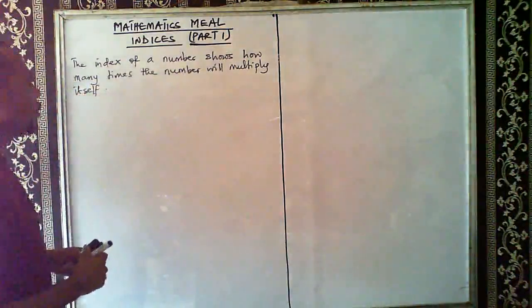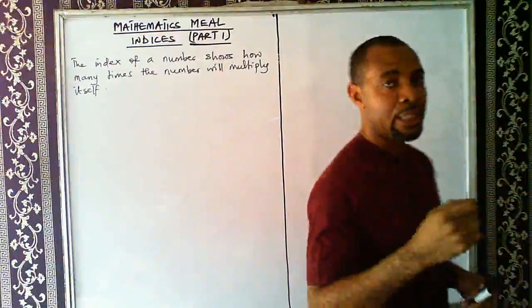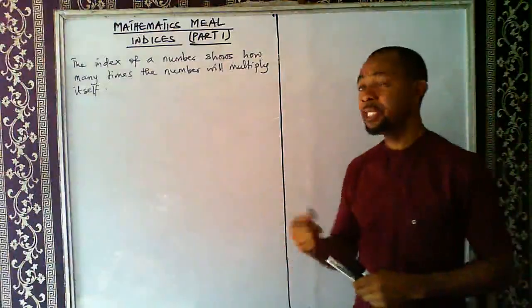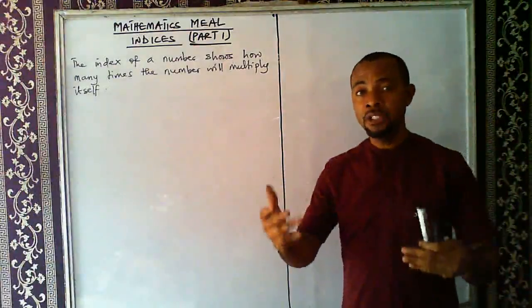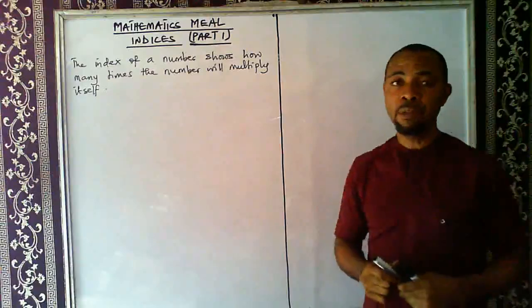The index of a number shows how many times the number will multiply what? Itself. The index of a number shows us how many times the number will multiply itself.